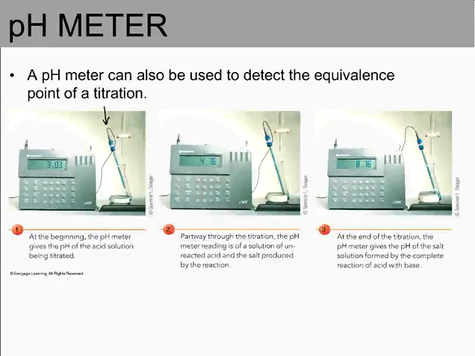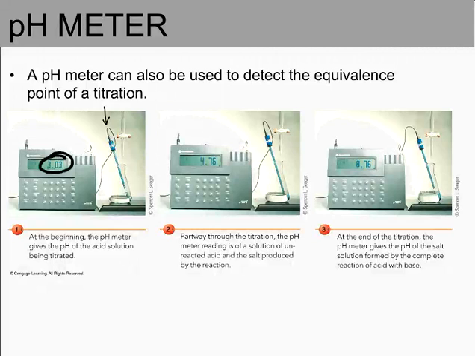So on the device off to the left there, initially this acid has a pH of 3.03, so that is super specific. And then maybe we perform a titration and determine the pH of our solution as we titrate.